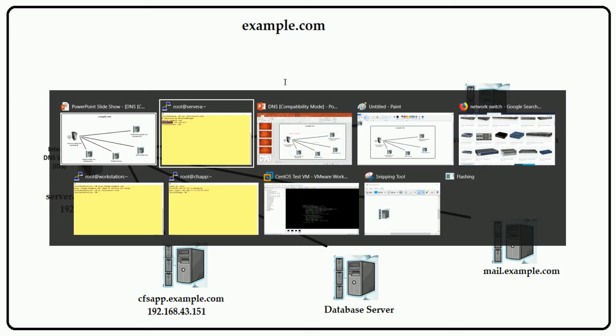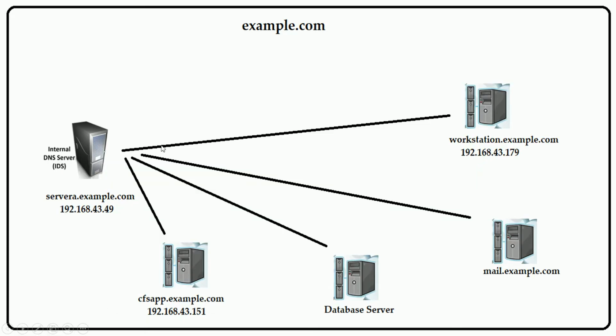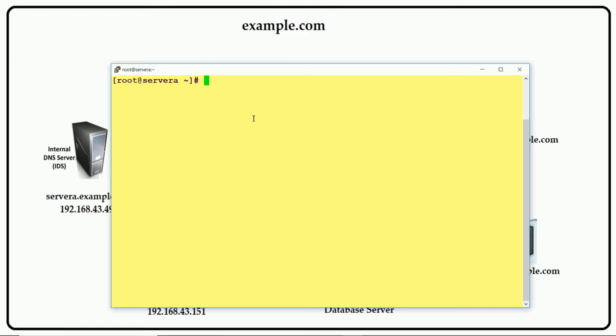So I'm just going to configure my DNS server. This is my DNS server, server.example.com. As of now, this server is a simple server on which I'm going to install the DNS package first. To install a DNS package, we should know what the package for DNS is. That is the bind package.